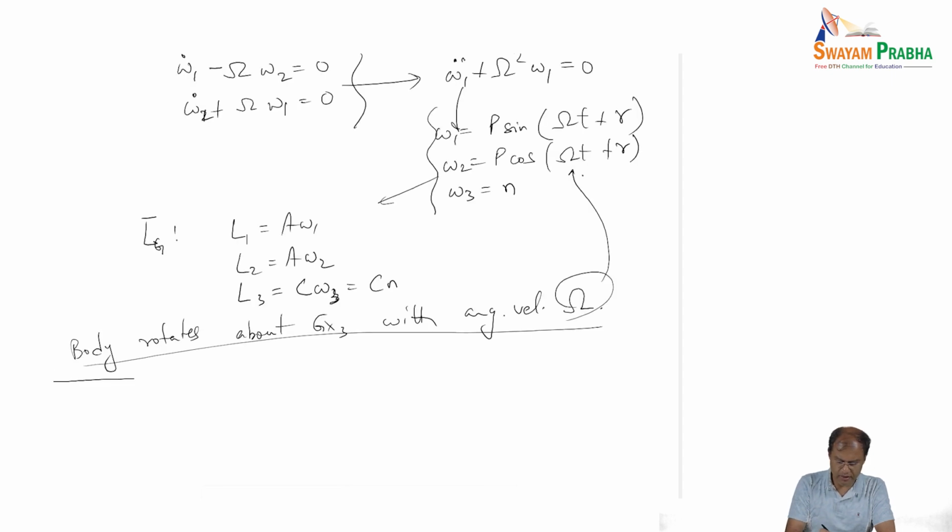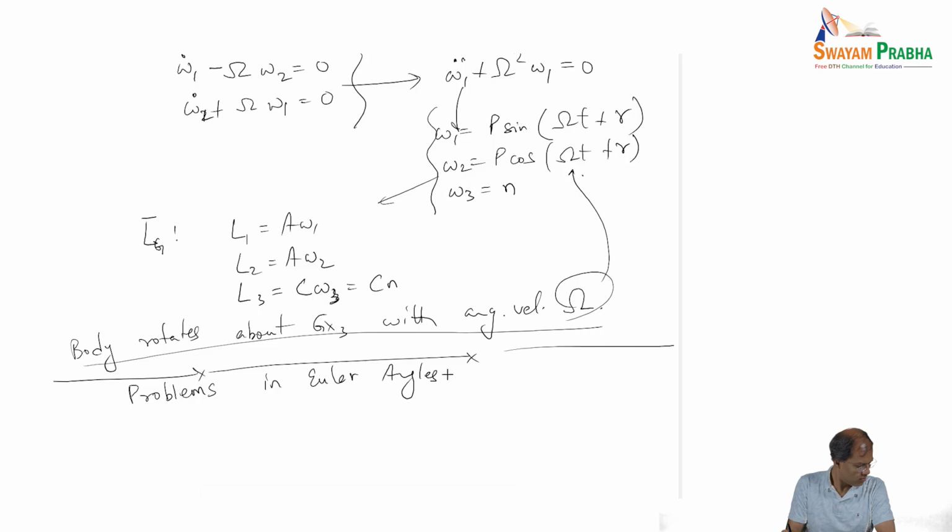Before we look at some example, here are some issues that we would like to discuss: problems involving Euler's angles. It turns out that the embedded frame, since we are working in the moving frame of the problem, does not provide us with the original location of the body in the fixed frame or in the inertial frame.